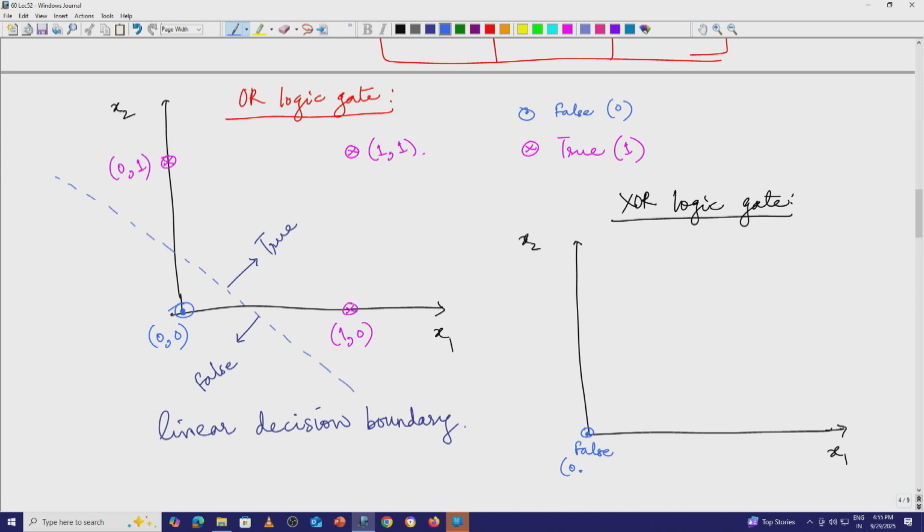So, this is 0 0, and if both of them are 1, then also you will get false. The only points that are amounting to true are the other 2 points, right.